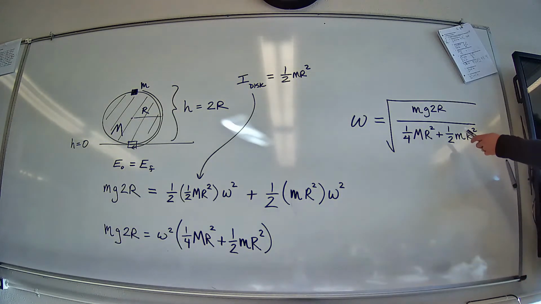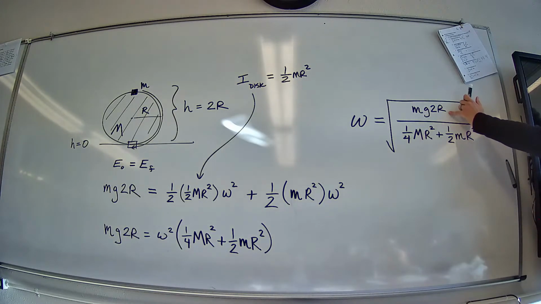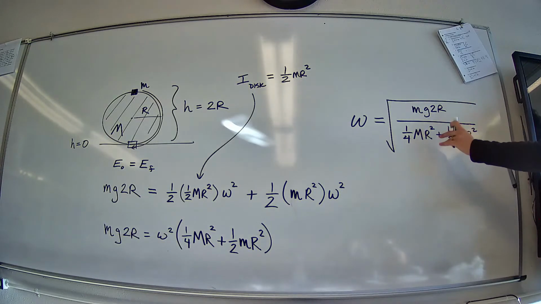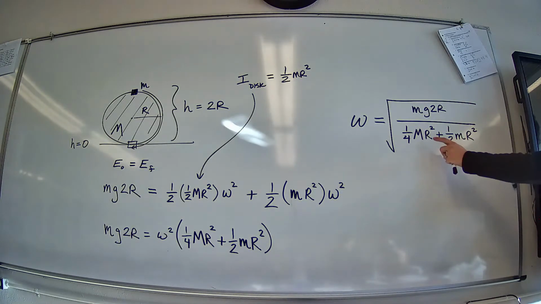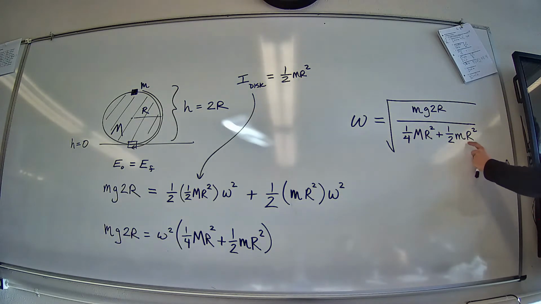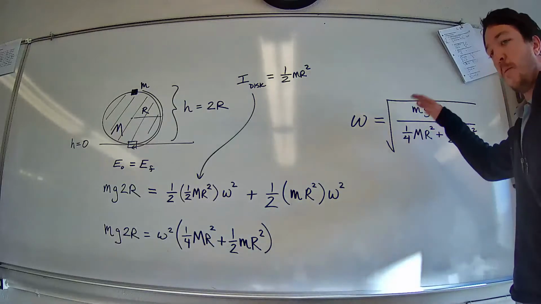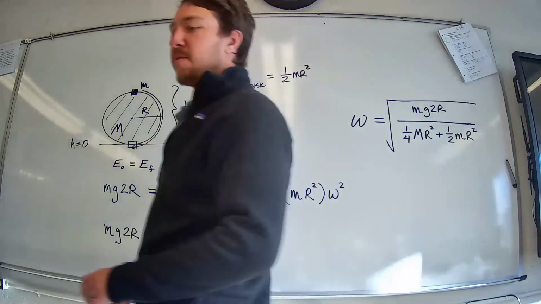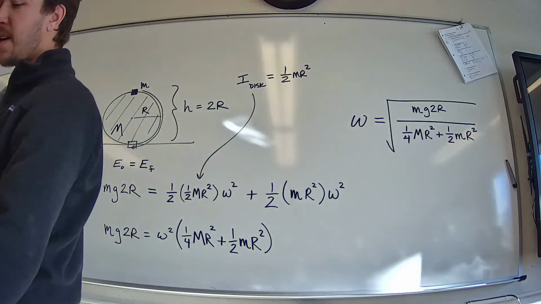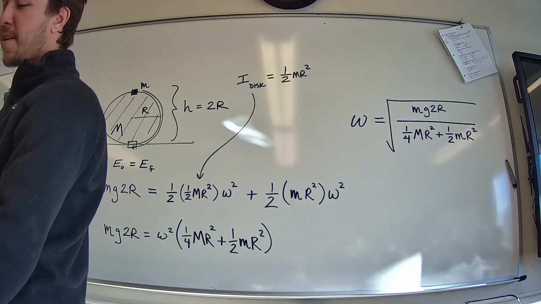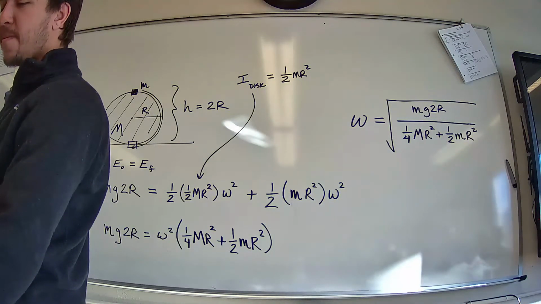But I kind of like the way it's written because it shows you where everything's coming from. This is the gravitational potential energy of the system, and these are two terms that relate to the disk and the point mass. You can see that omega depends on the square root of their ratio. So, all right, man. Another high energy Monday.